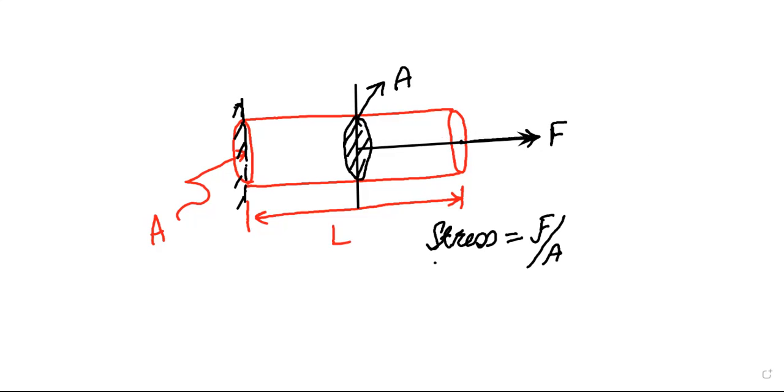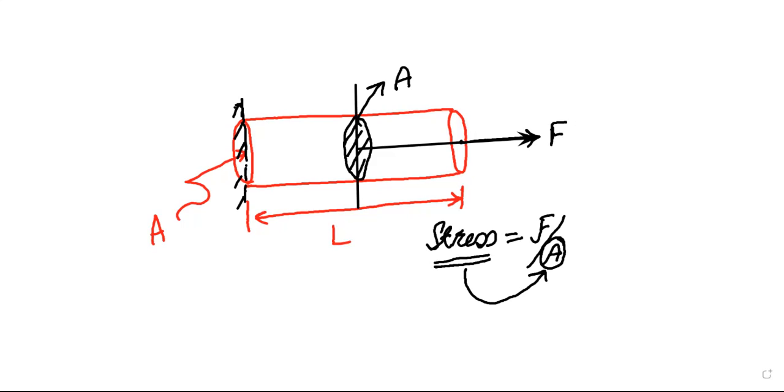Now let me introduce a few more things to you. Once you are representing stress, the stress is to be represented on some area. First of all, around the point where you have to calculate or express the stress, you have to draw an area.